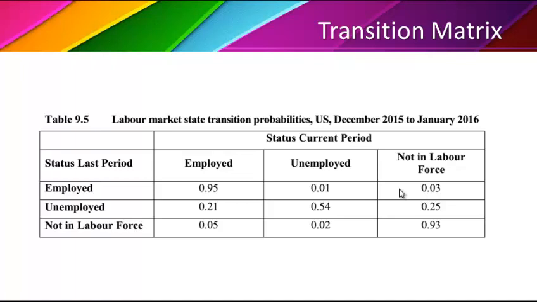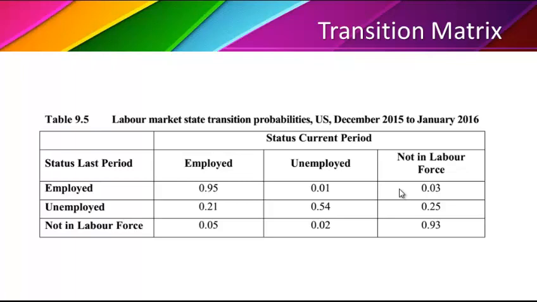Now, of the unemployed people, 21% gained jobs, they became employed. 54% remained unemployed. This is, I think, one month, December 2015 to January. So about 54% of people remained unemployed, so this would add about one month to the duration of unemployment.